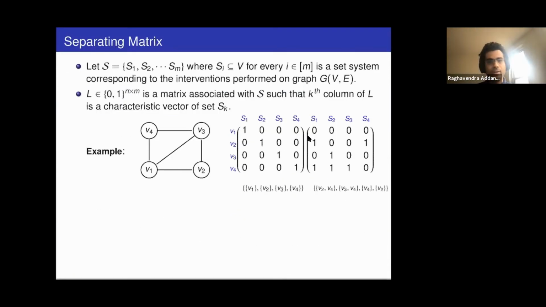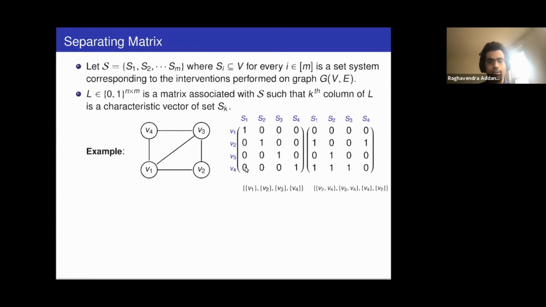Okay. So now, having said this, we'll connect to some structures which are very useful and which have connections to graph coloring. So let's look at the set of interventions which we perform on this graph. Let them be denoted by S1 to Sm. If you look at these interventions and write them in a matrix form, such that the kth column of this matrix is the set Sk.